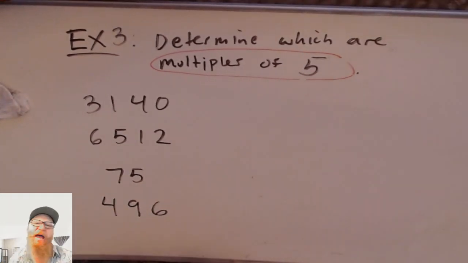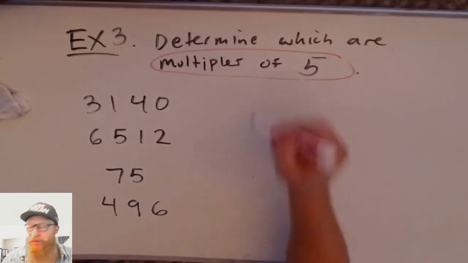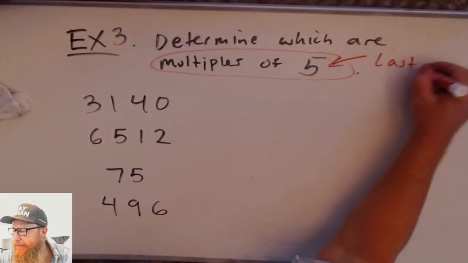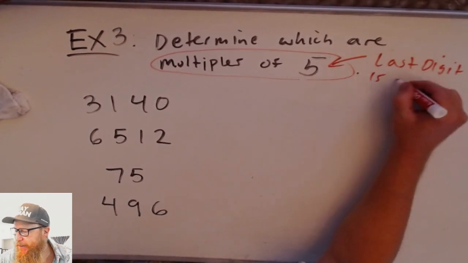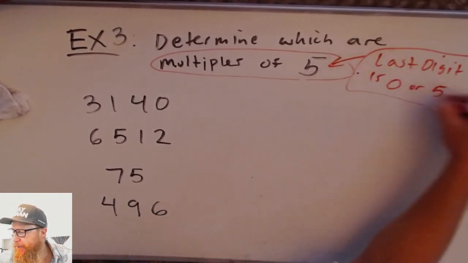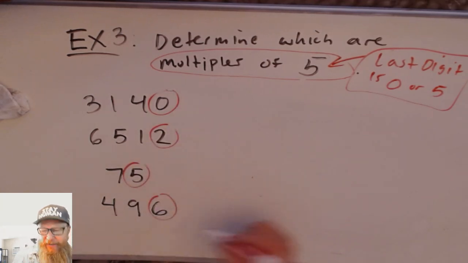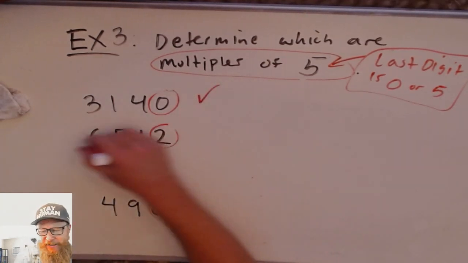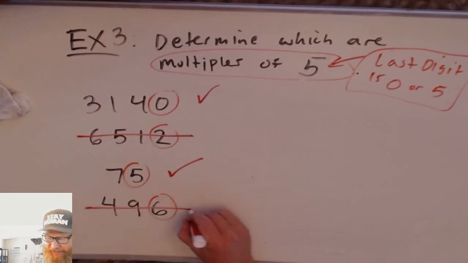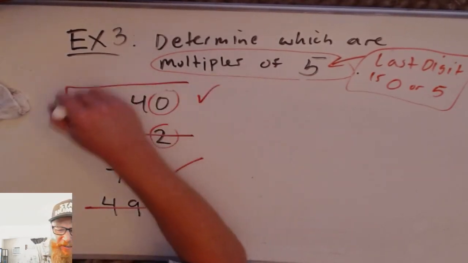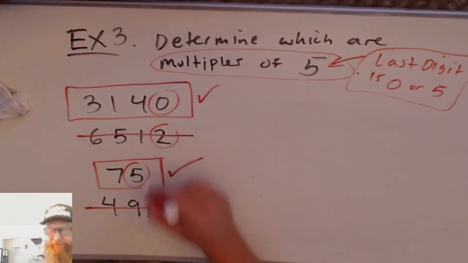I'm not even going to do any math on this one. Multiples of 5, the last digit is 0 or 5. So just look at the last digit and just say yes or no. Yes, no, yes, no. So these are your two multiples of 5.